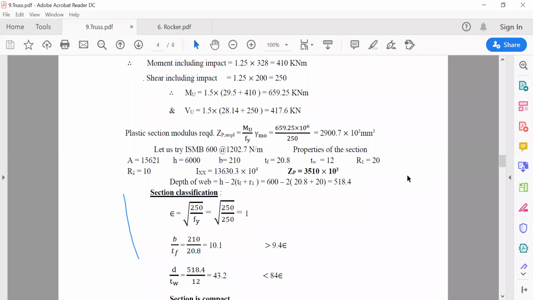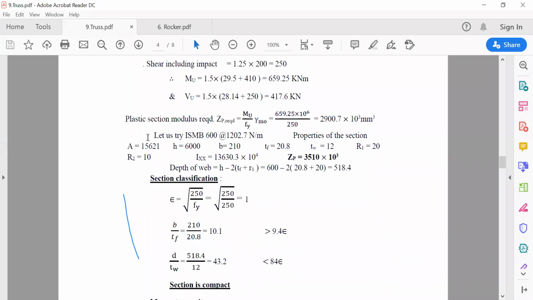Then you have to consider a beam whose plastic section modulus is higher than the required one. If you have seen the videos you will understand the formula: moment into resistance factor divided by yield stress.